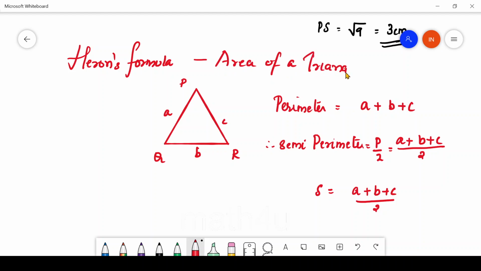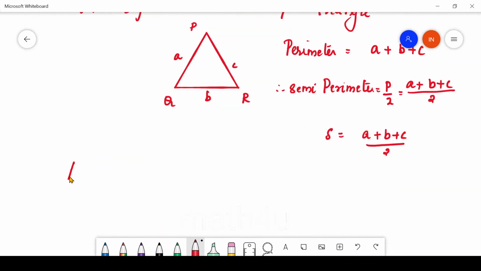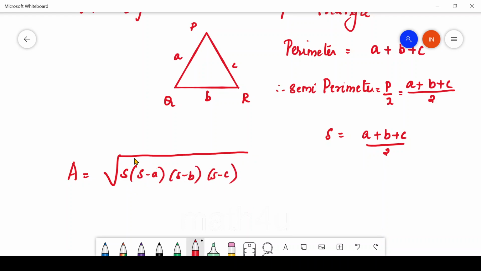The area of a triangle can be found with the help of Heron's formula by using root of S into S minus a, S minus b, S minus c. There is a root, don't forget about it.